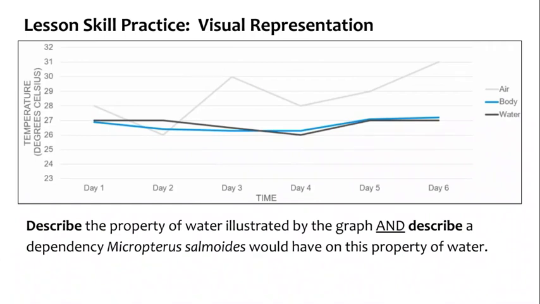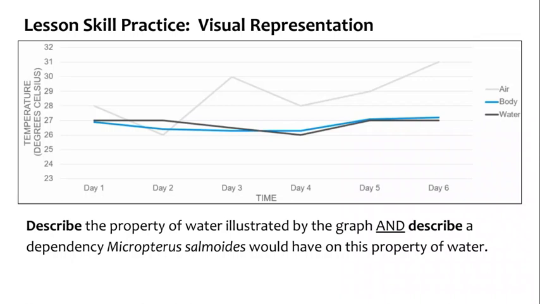Okay, and finally, we have a lesson skill practice visual representation. You've got the background information about what the graph is showing you on your handout. You might want to take a moment, since your handout is black and white, to mark the air, the body temp, and the water. Maybe use some different colors, or label them whatever that looks like for you.